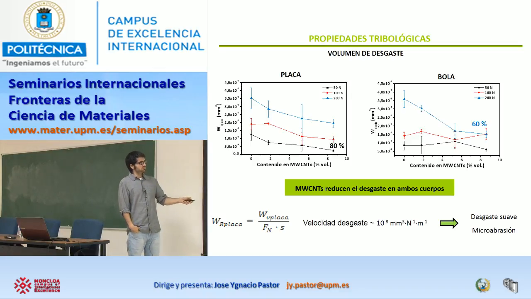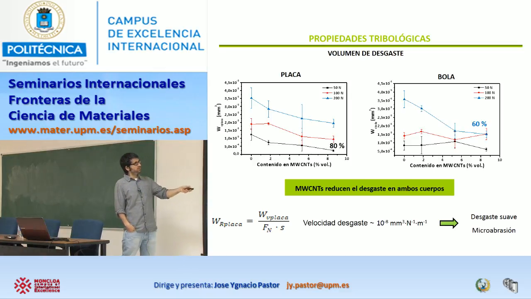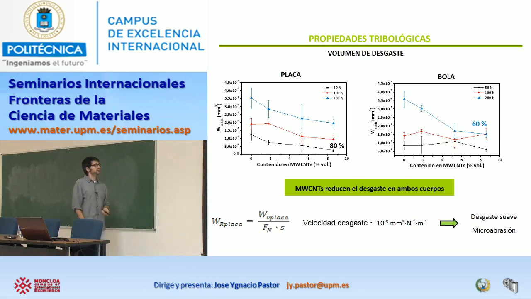For 50 newtons and 100 newtons, let's say it's not a real improvement in the counterbody, but when the load is quite high, there is a really big decrease of 60%, okay? And then these carbon nanotubes reduce the wear in both bodies, not only in our material, also in the counterbody, okay?